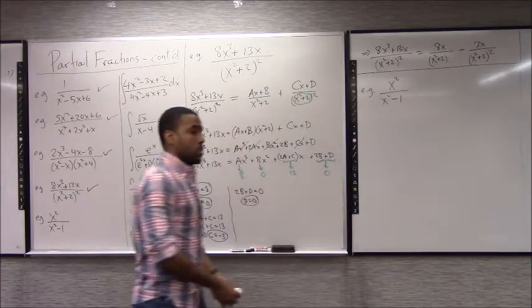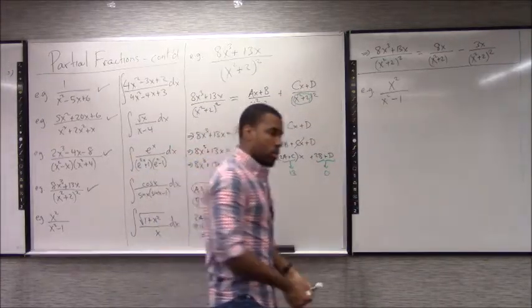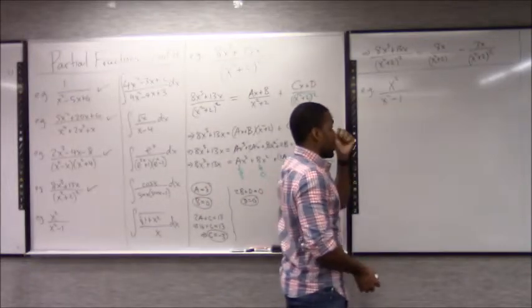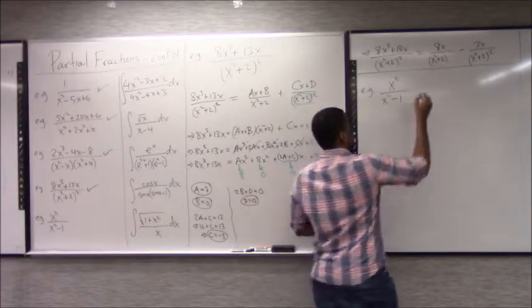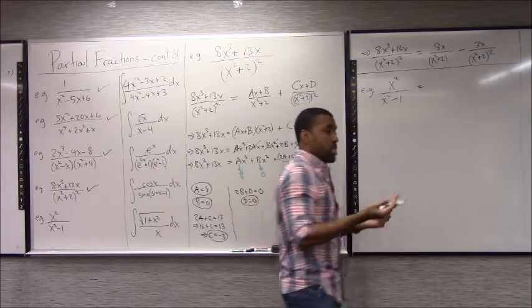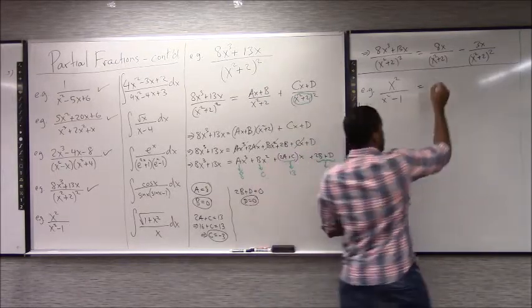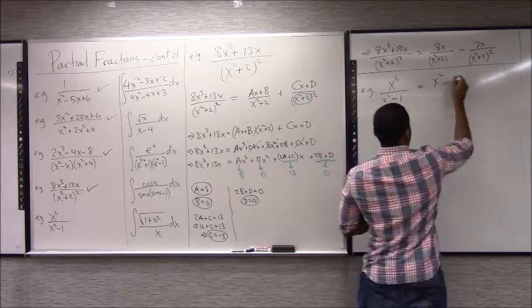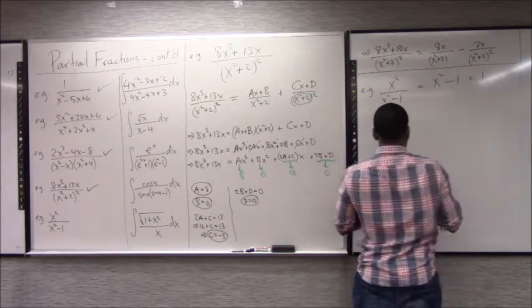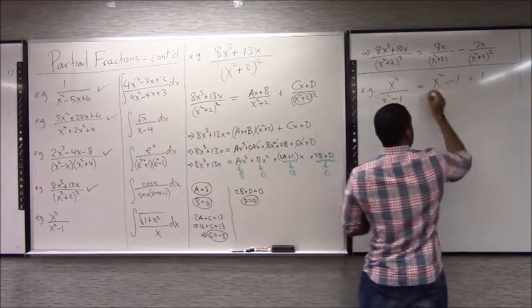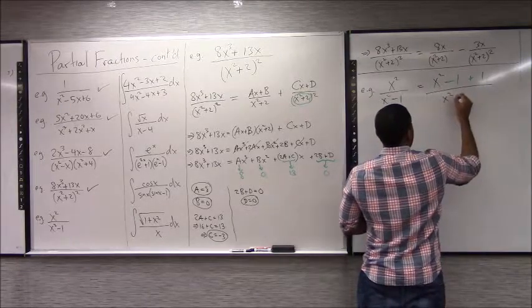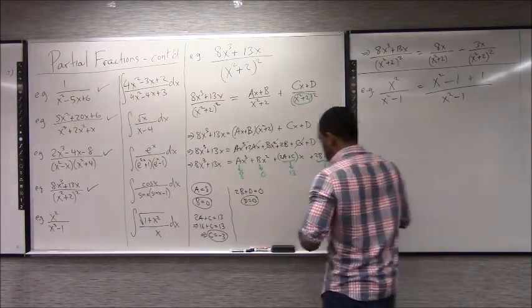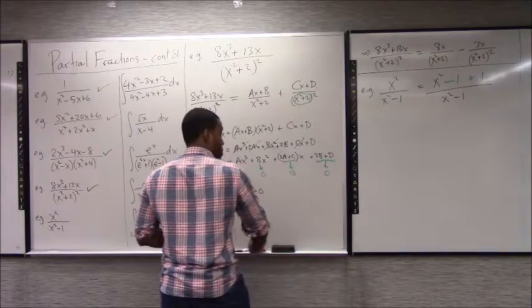So you could do long division. There's another option though. These guys are the same and it's not that complicated, so you could also just try to get the denominator in the top, so I can do x squared, and I can subtract 1 and add 1. This is an option. What's the point of that?